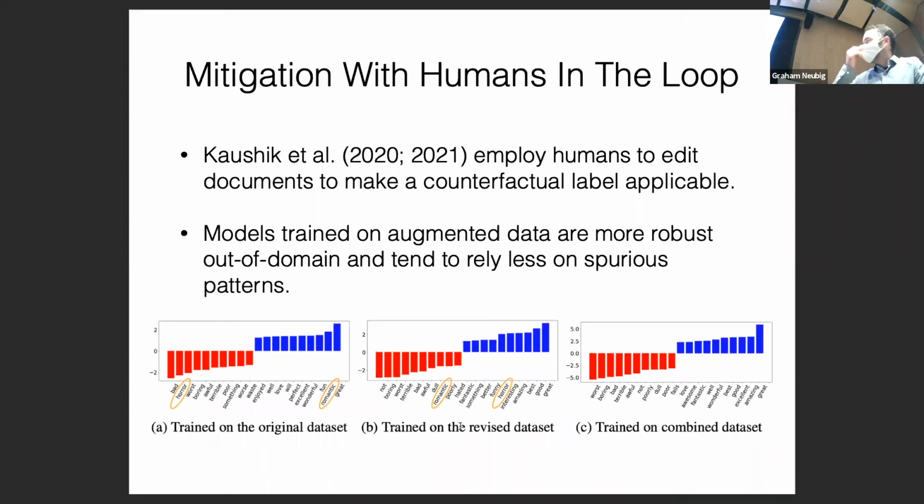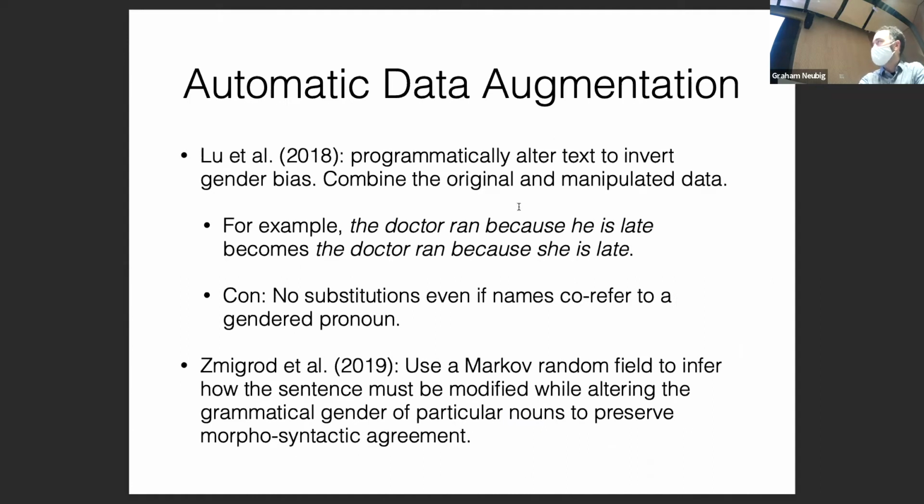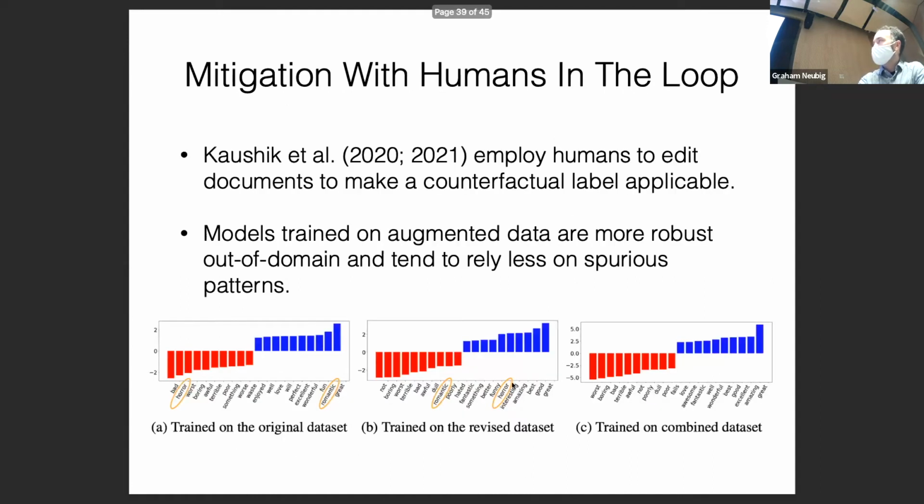You can also mitigate these biases with humans in the loop. So basically you ask humans to edit documents in the appropriate way. Here we had automatic augmentation; in this case, you can just ask humans to go in and directly augment the data. One interesting thing is that there are examples with very obvious spurious correlations.